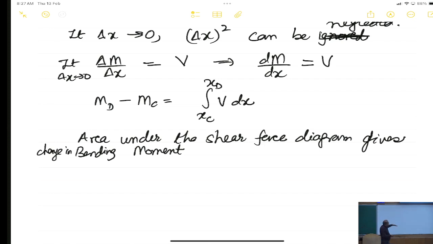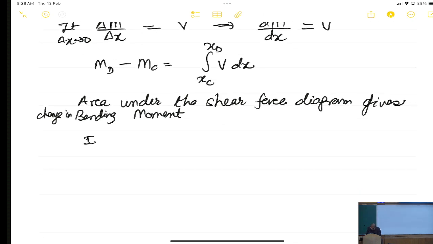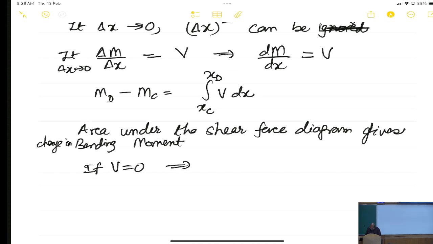Okay. So, the area under the shear force diagram gives you the bending moment. So, we can also use this. Also, one more thing you realize from here is, if V is equal to 0, this implies that dM by dx is 0. Why is this point critical?